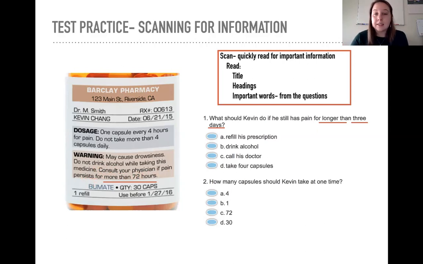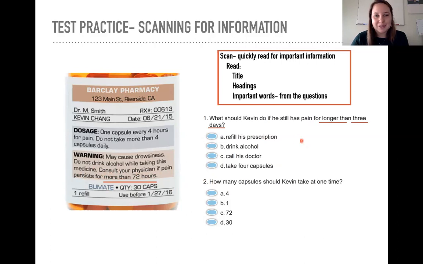So it means the same thing as still has pain. Pain persists. So altogether, this sentence means talk to your doctor if pain continues for more than 3 days or more than 72 hours.